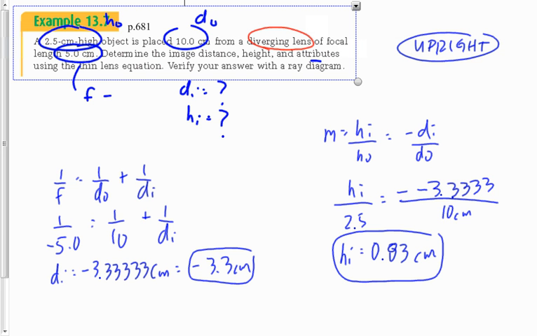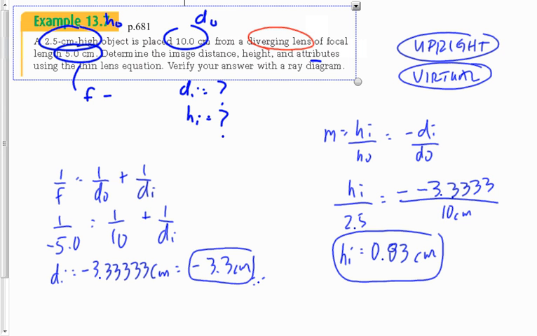Usually we use di. But if you think back to your ray diagrams, the only time we get an upright image is if it's virtual, right? So a positive value technically doesn't mean that it's a virtual image, but there's 100% correlation with that. We're going to say that since di is a negative value, it's going to be a virtual image.